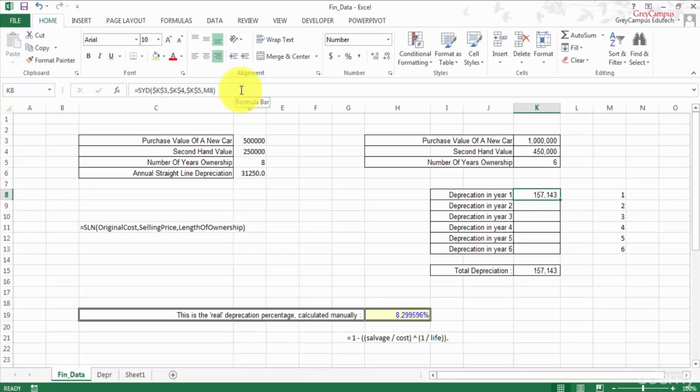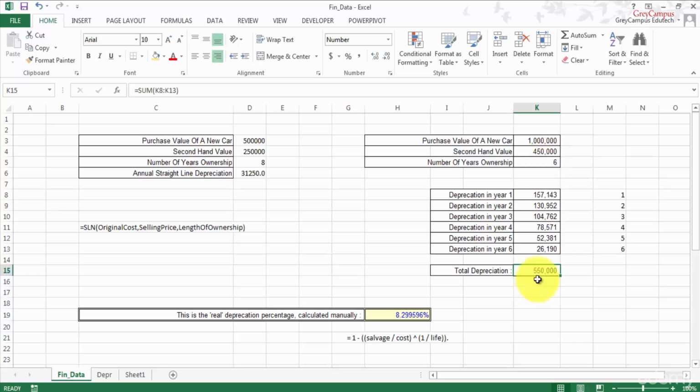You can see that based on this purchase value and second-hand value, the depreciation for the first year was almost around 1,57,000. Now we can copy this formula to the other cells to see how much depreciation there was in total. If we put it down, we can see that this number matches the second-hand value.